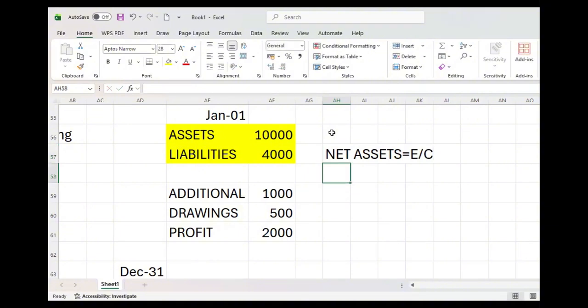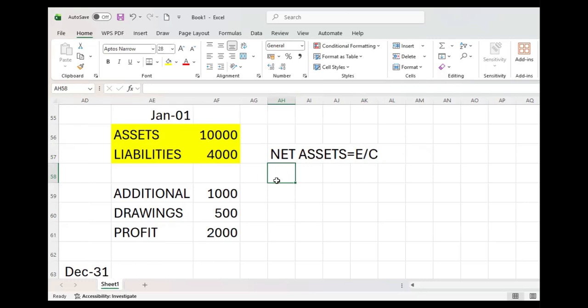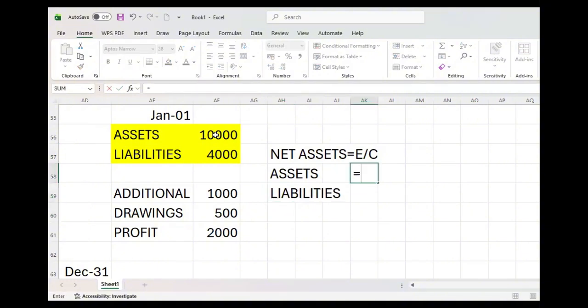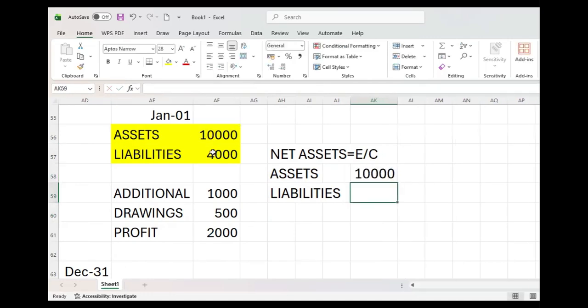Okay. So I can find my net assets. Once I find my net assets, it will help me to continue with my calculations. So I'm going to subtract my liabilities from my assets, which will give me 6,000. This is my net assets at the beginning.